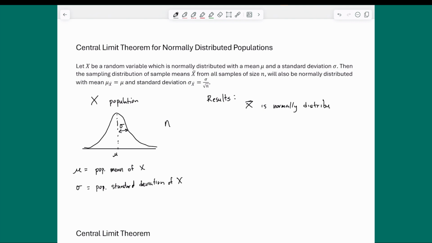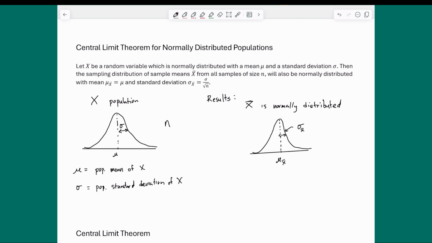So once again, when we say normally distributed, it means that the shape looks something like that. Let me draw that a little bit better. And once again, the mean of the sampling distribution of means will be under the peak there, and we denote that as mu sub x bar, and how wide that is there is sigma of x bar.